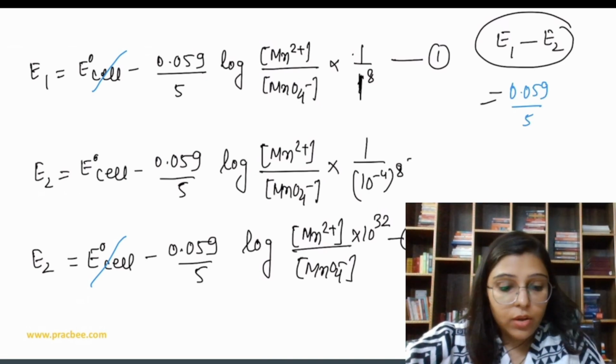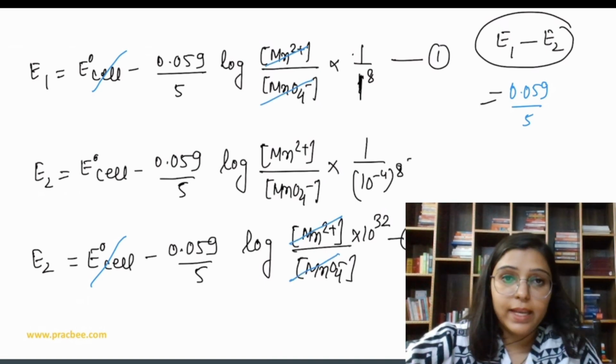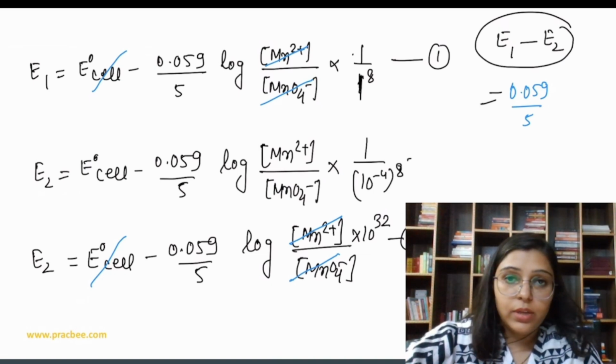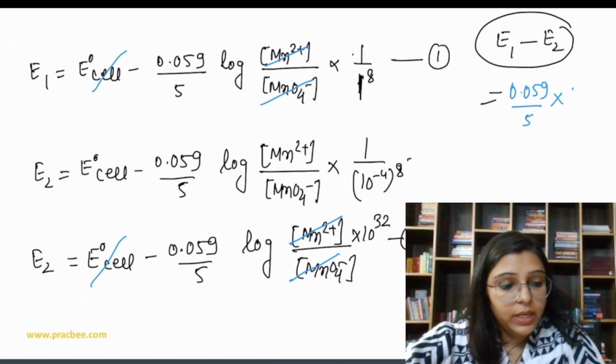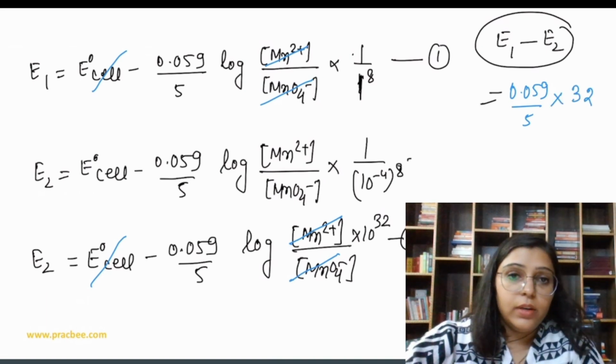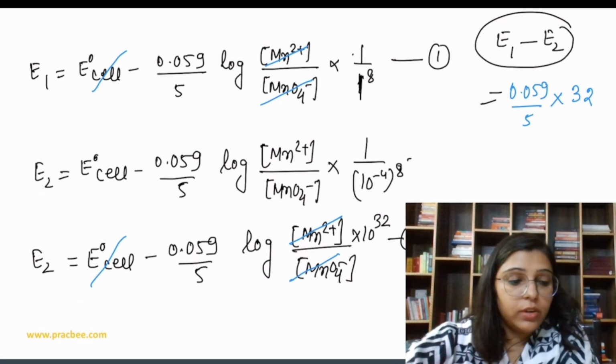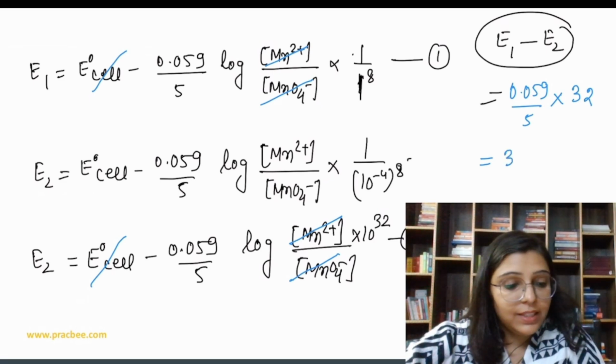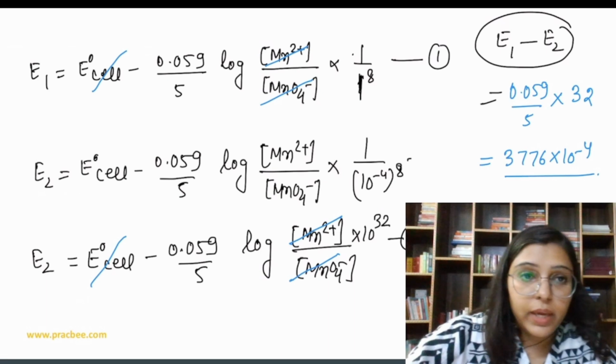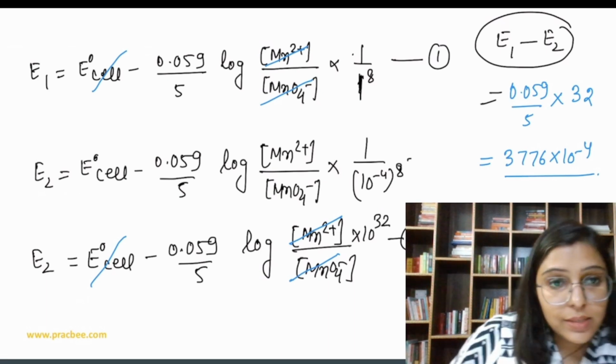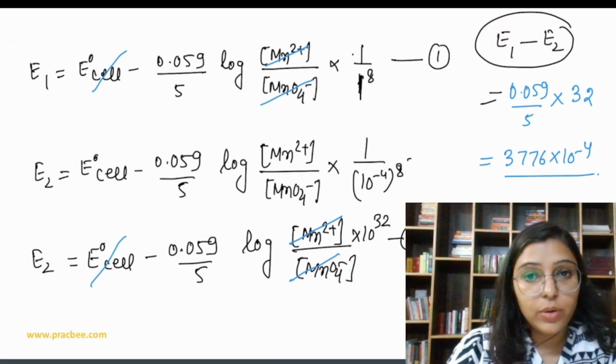The log Mn2 plus over MnO4 minus terms cancel out, and then we have log 1, which is 0. And then we have 32, so this is going to be 32 log 10. On solving we get 3776 into 10 to the power minus 4.